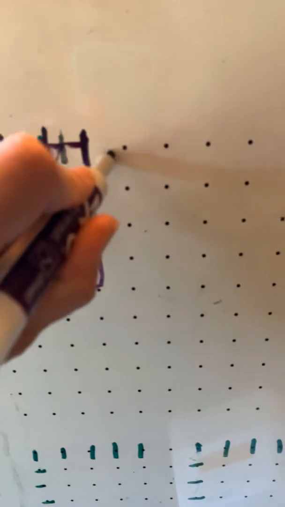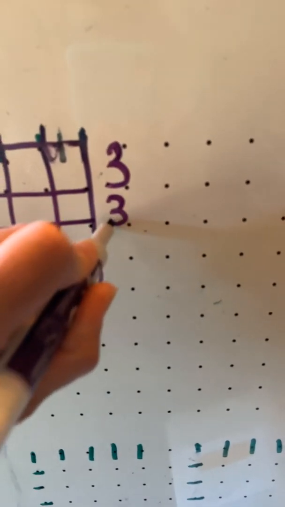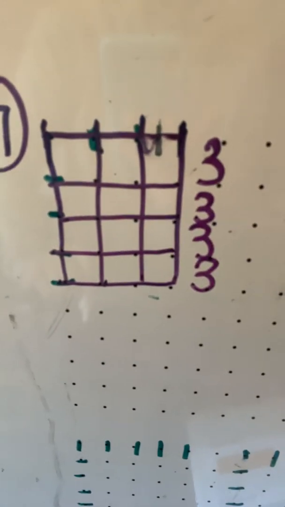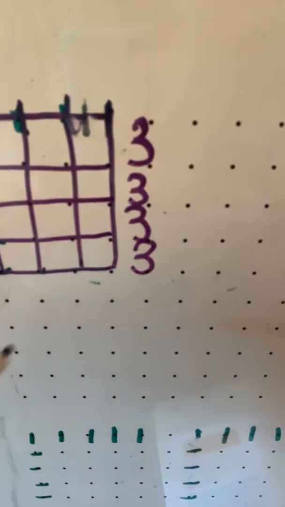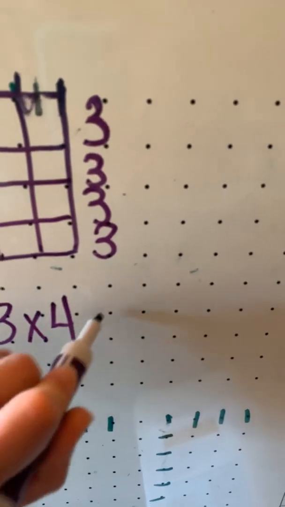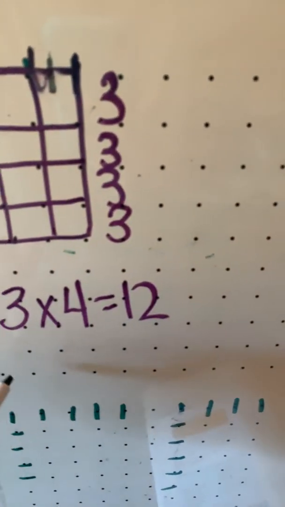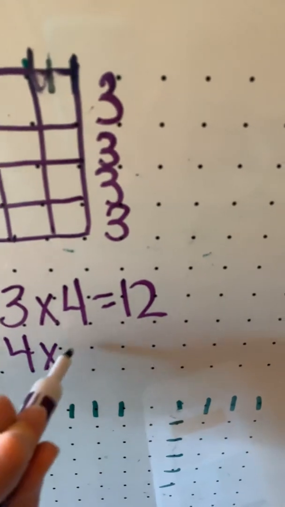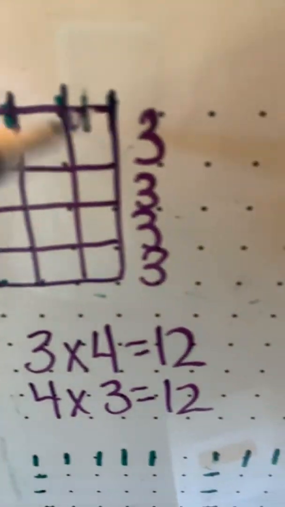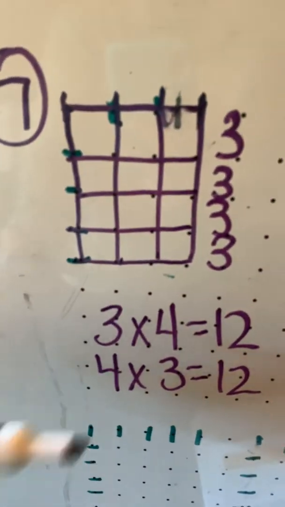Number 7 has how many squares? 3, 6, 9, 12. 3 plus 3 plus 3 plus 3 is 12. Or we could say 3 groups of 4 or 4 groups of 3 is 12. We can get to how many squares by skip counting.